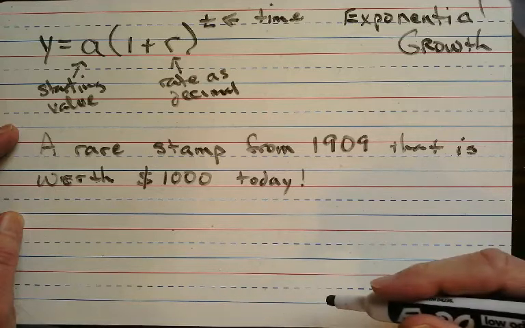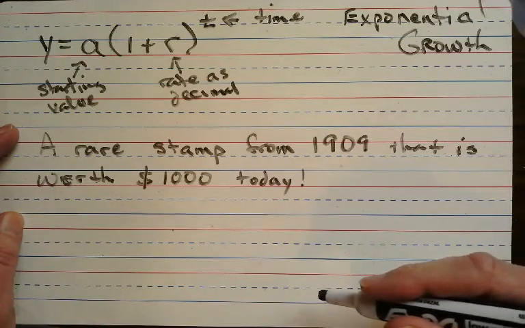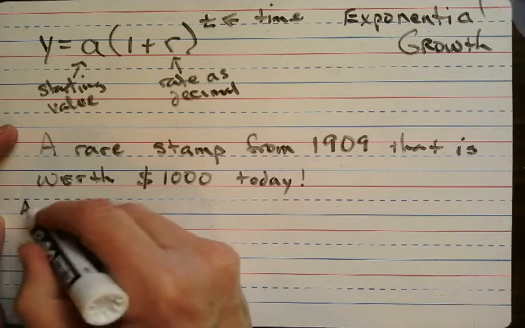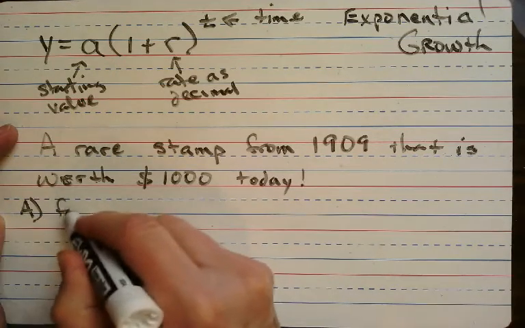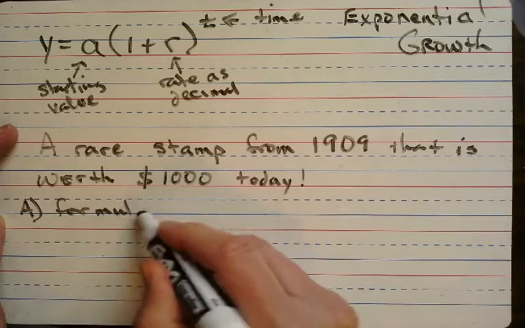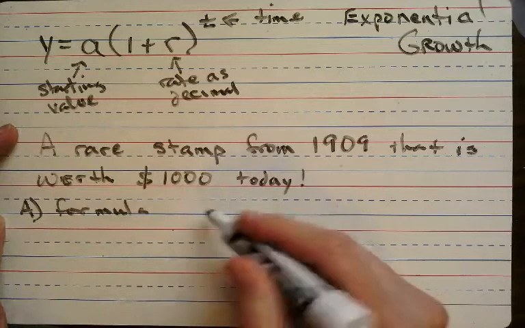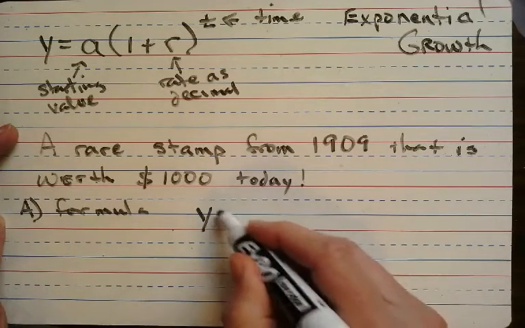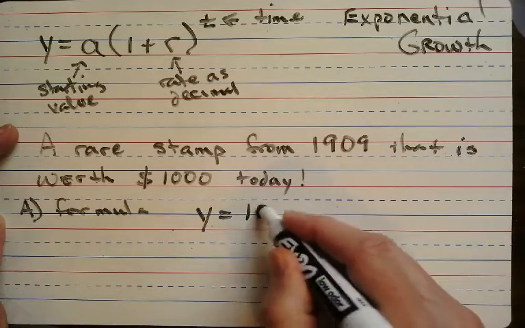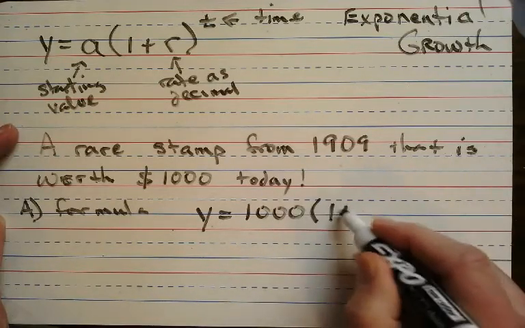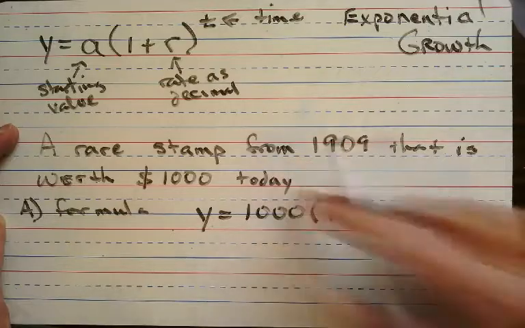So, I need to write a formula. First thing, formula. Well, I know the starting value is A, so 1,000 has to go in front of my sentence. 1,000 right there. And then 1 plus, oh, it doesn't tell you.